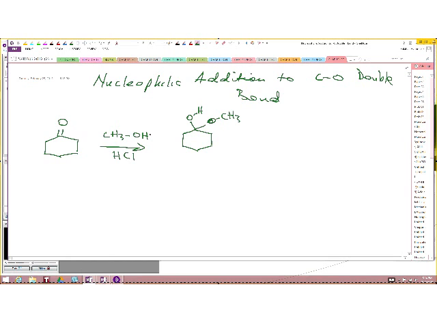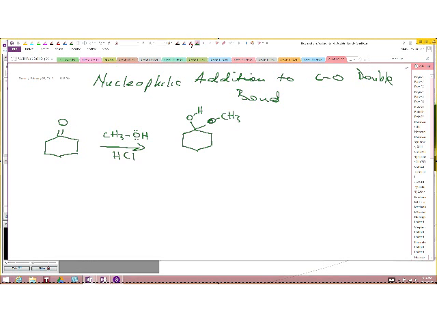What we've done here is to add the elements of methanol, the alcohol, across the carbon-oxygen double bond, in which case the oxygen of the methanol is acting as a nucleophile, and the carbon of the carbon-oxygen double bond is acting as an electrophile.